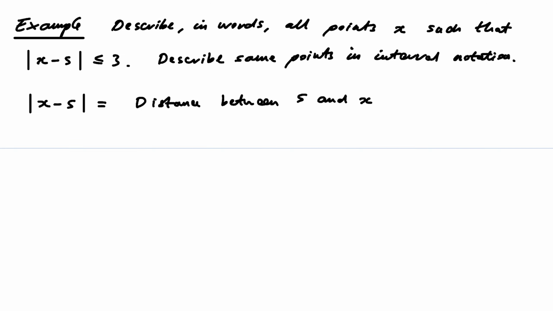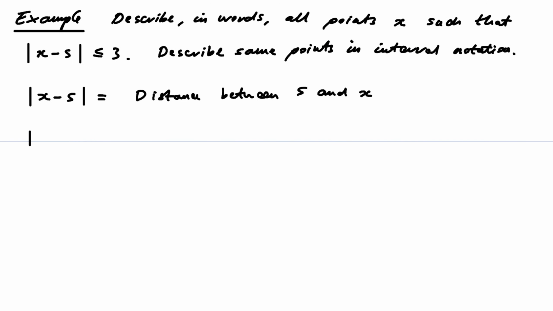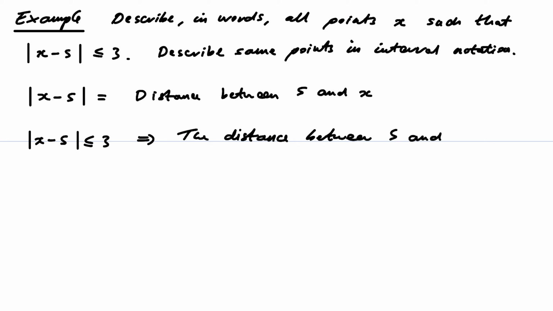So in words, what this statement, which looks kind of confusing, is saying is that the distance between 5 and x is less than or equal to 3.